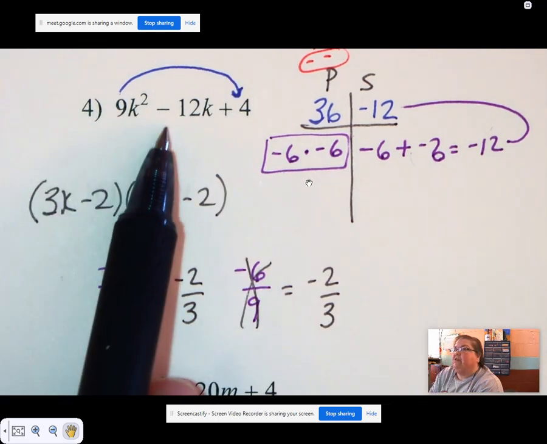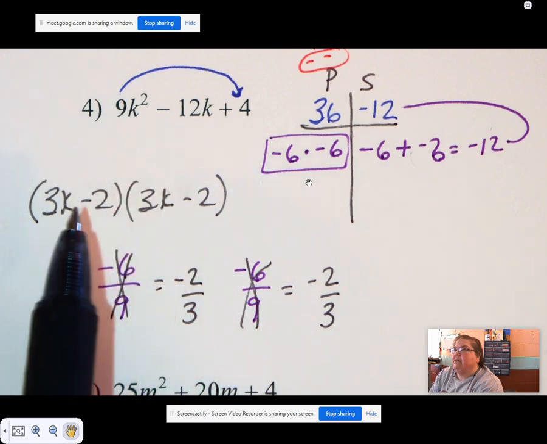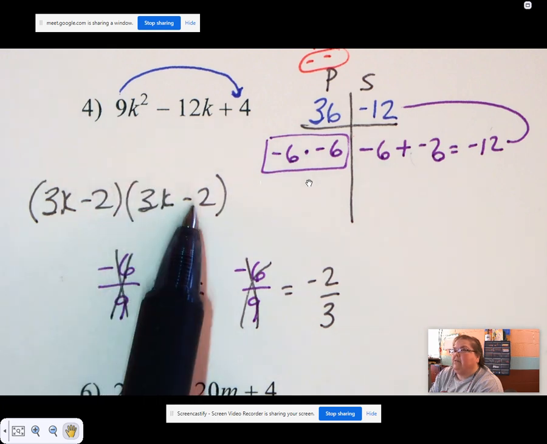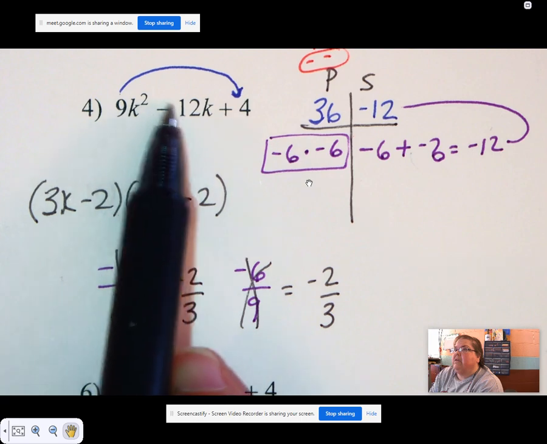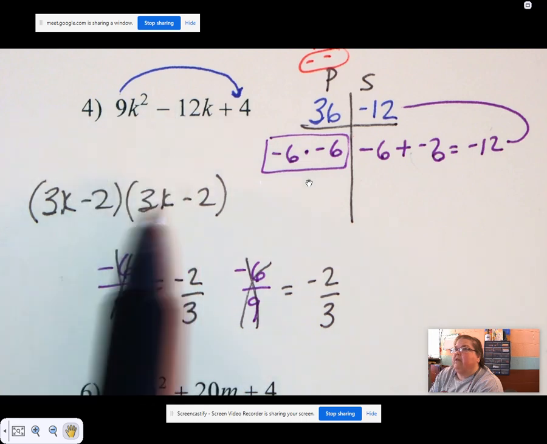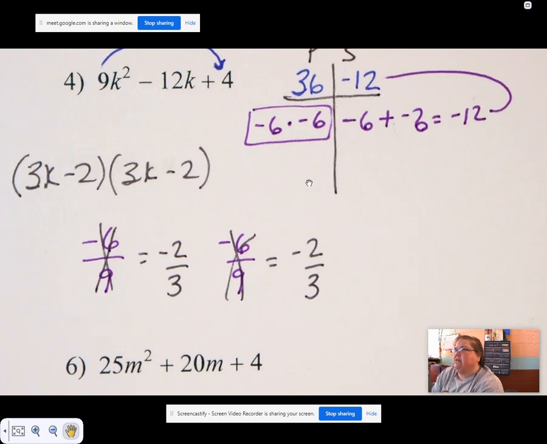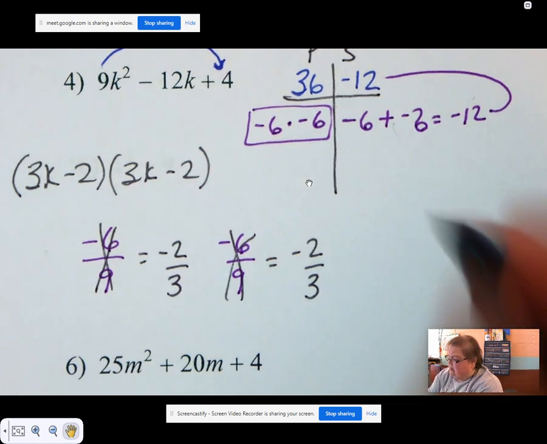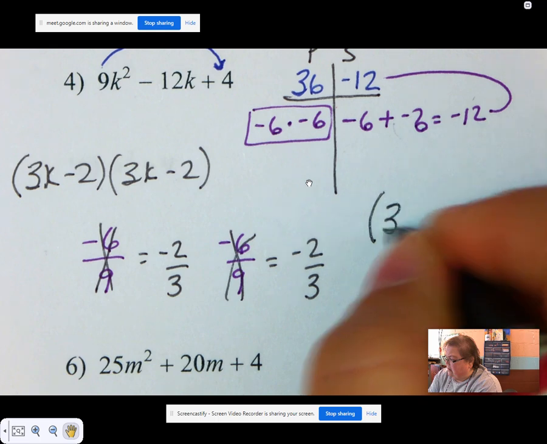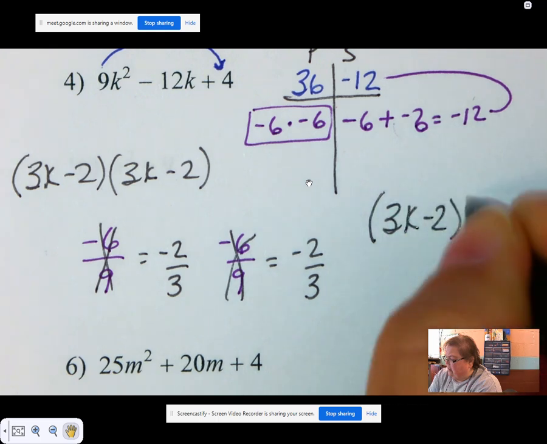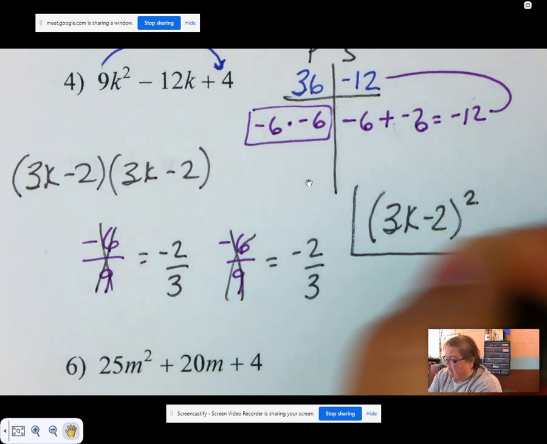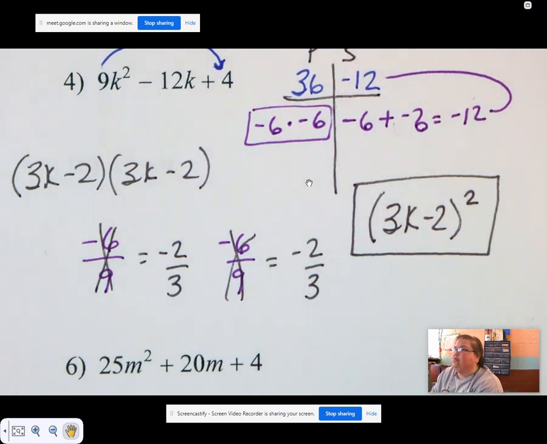B greater than 0, same signs, same as the B. My B is negative, they're both negative. Which special case is this? It's the binomial squared.